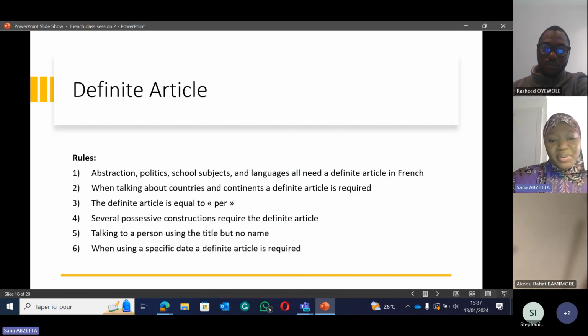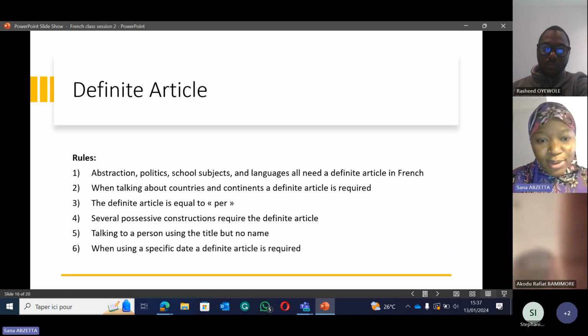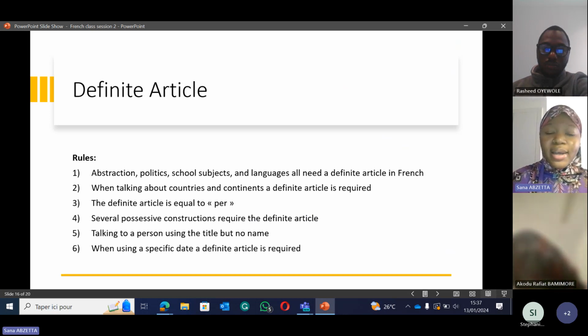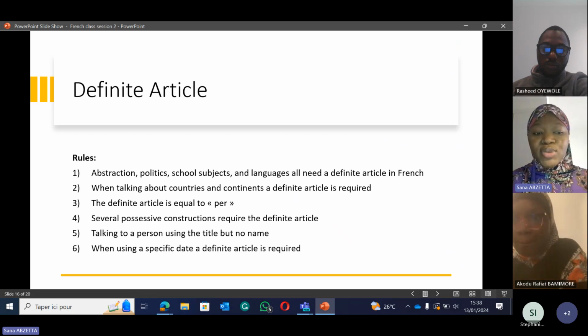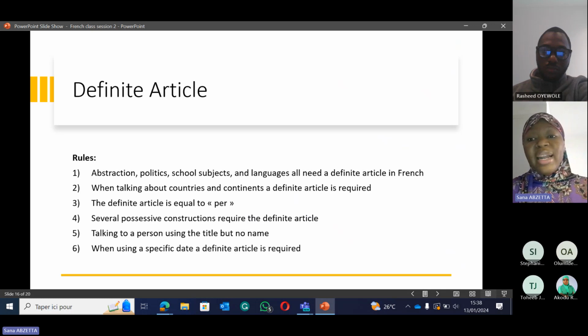As we saw for the indefinite article, if you want to speak about someone's profession or religion, you do not use an article. But for the definite article, there are also some rules that apply. If you want to talk about some abstraction, about politics, about school subjects or languages, you need to put a definite article in French.